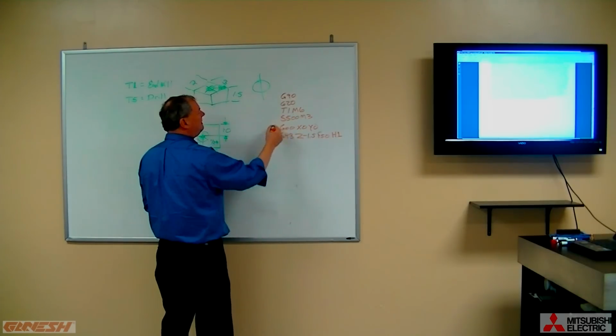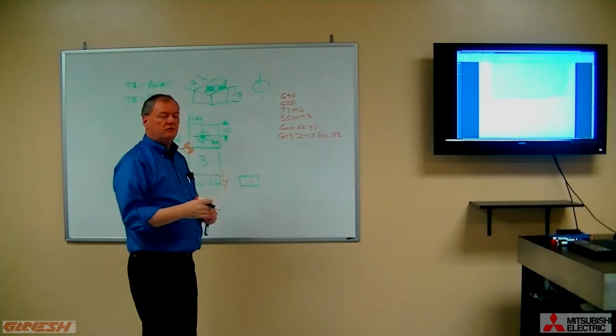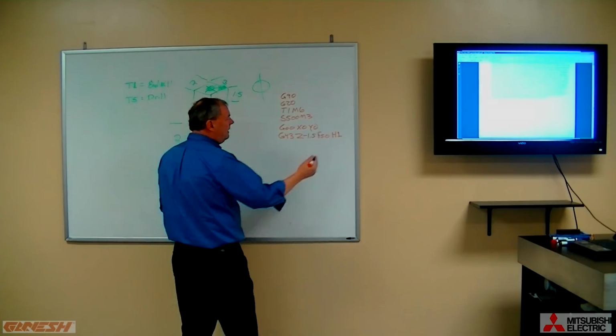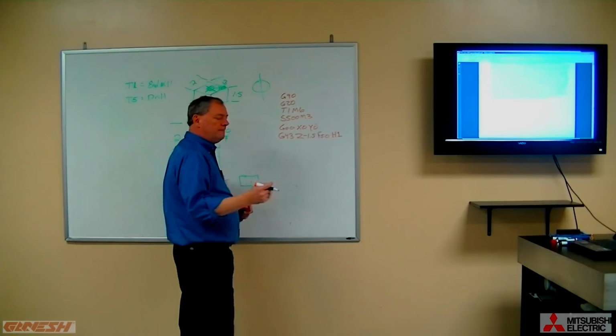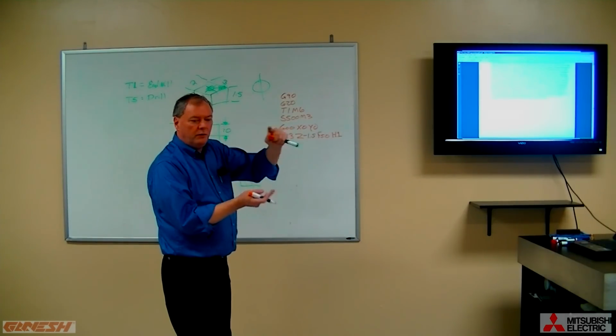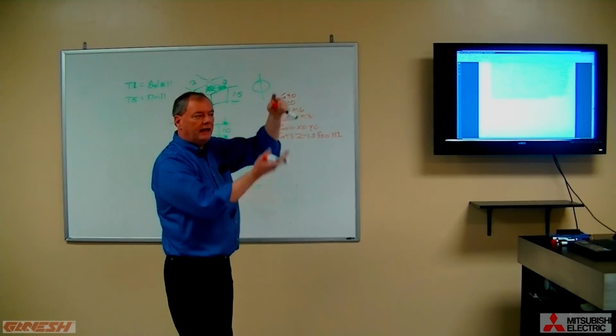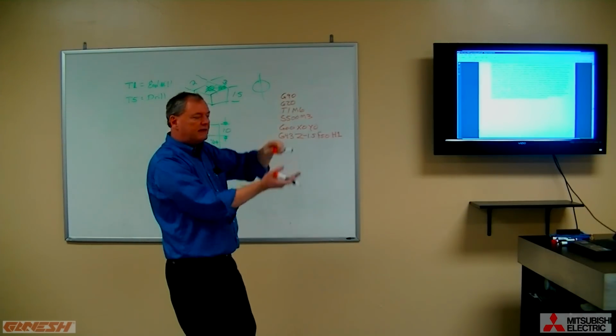This command, T1, physically loads tool number 1 into the turret. This address, H1, takes the value that we stored with this tool and compensates for the length of the tool.